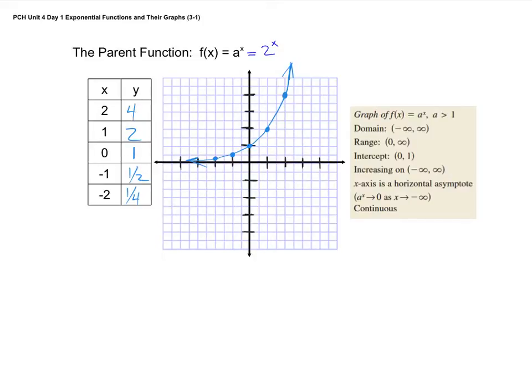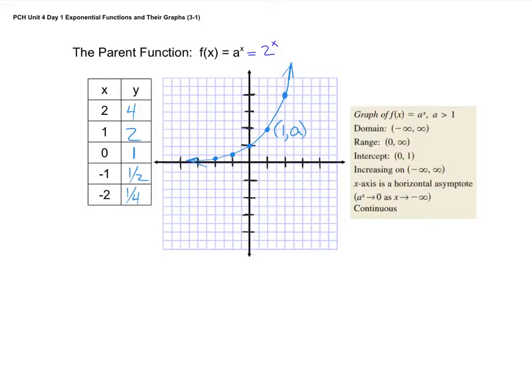There's actually another point on this graph that will always be similar: you're always going to have the point (1, a), whatever a is. So if you use those two points to get you started with your graph, that'll help in your sketching.